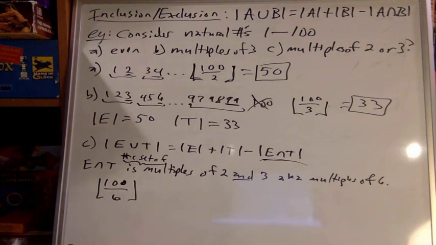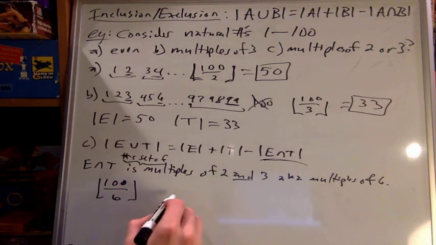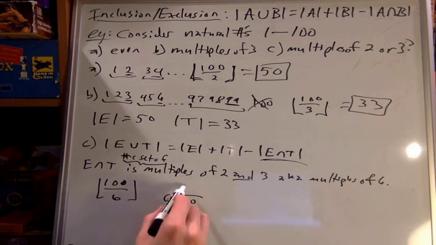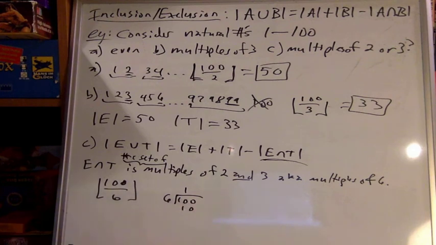So what is 100 divided by 6? Honestly, I don't know. I'm going to do a little bit of scratch work. Okay, I have the answer written down, but let's just do a little bit of scratch work. Let's review some longhand long division. Let's take 100 divided by 6. 6 goes into 10 once. I've got 6.